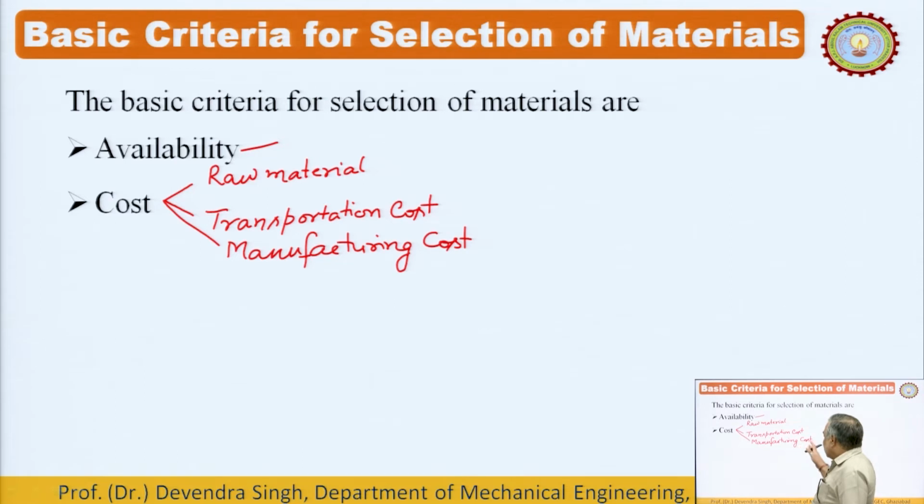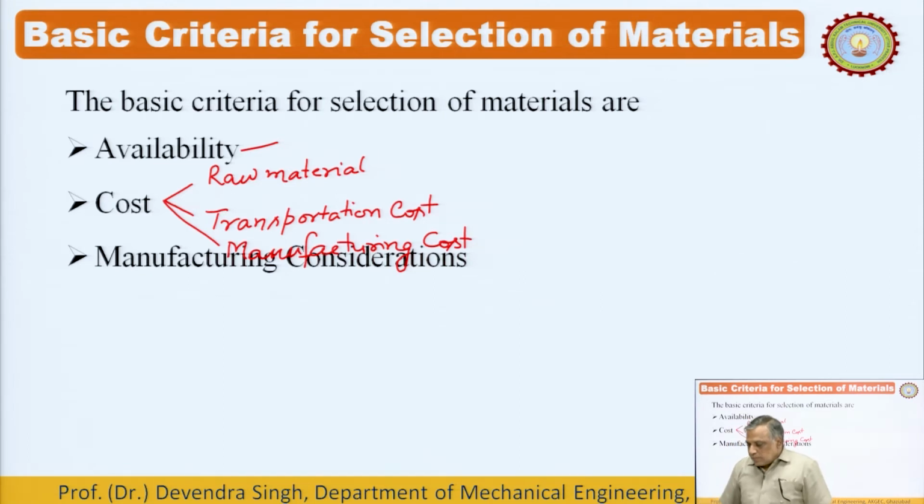So manufacturing cost will also affect the final selection of material. The material should be suitable for the manufacturing process, suitable to convert the idea into real form.